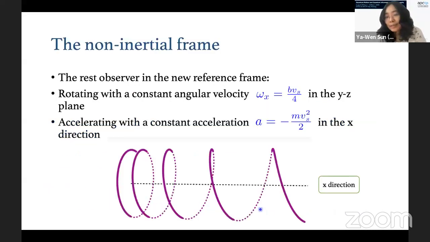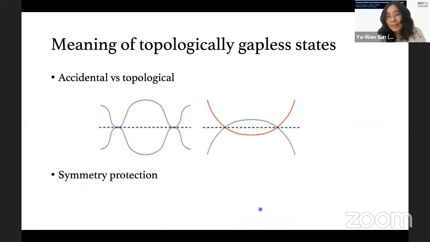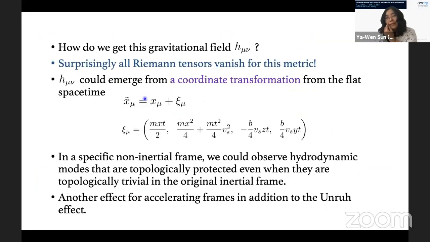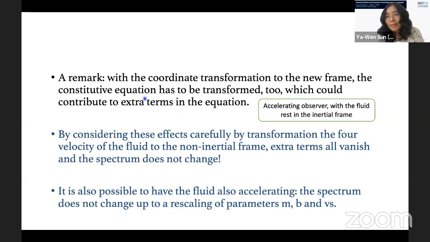So the qualitative behavior of the spectrum is the same. It's still like this. So we have found that the observer has to accelerate, and the hydrodynamic system could stay at rest or could also accelerate in the same way. And the results are qualitatively the same.